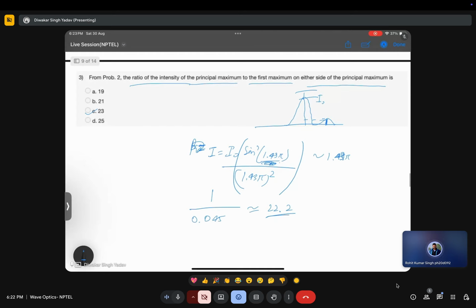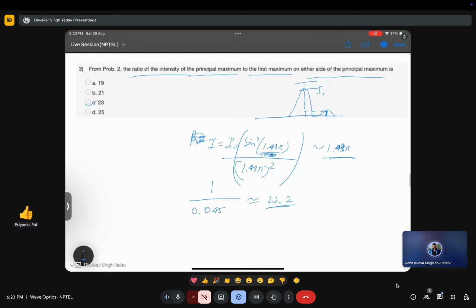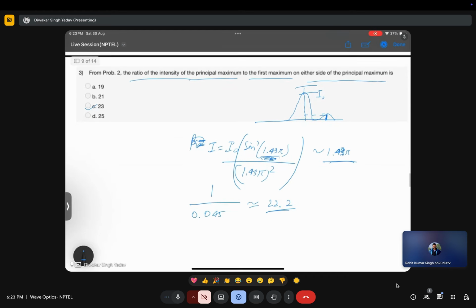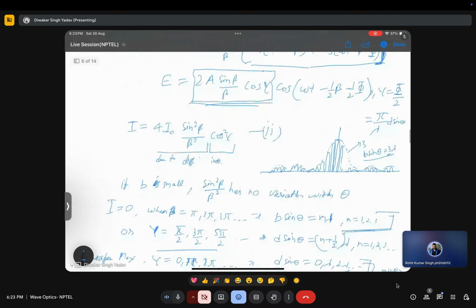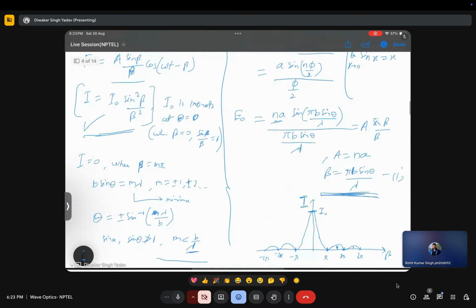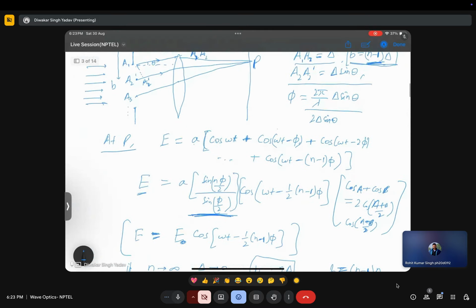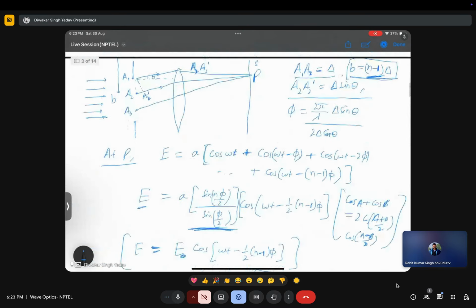So you don't have to remember this. I don't think this kind of problem should be there in the exams, because then you have to solve this equation, which is not easy.